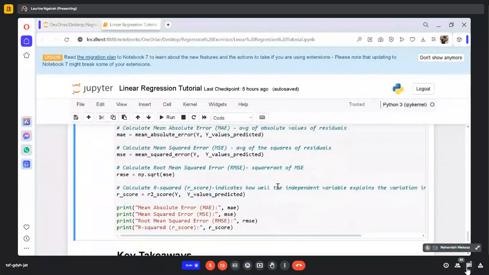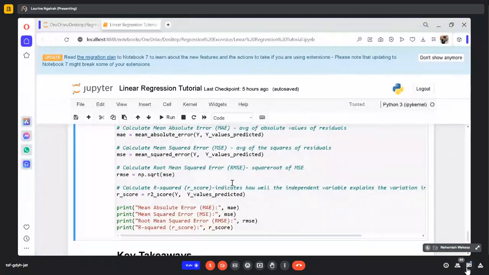Then we get our mean squared error. For our mean squared error, it's basically the average of the squares of the residuals. So you've gotten the squares of the residuals, and now you conduct the average.